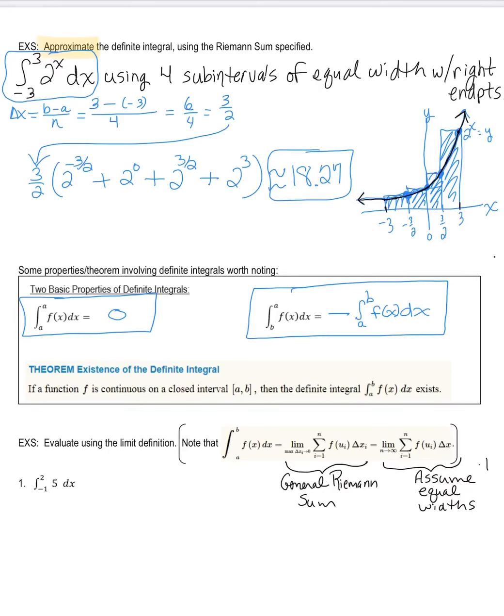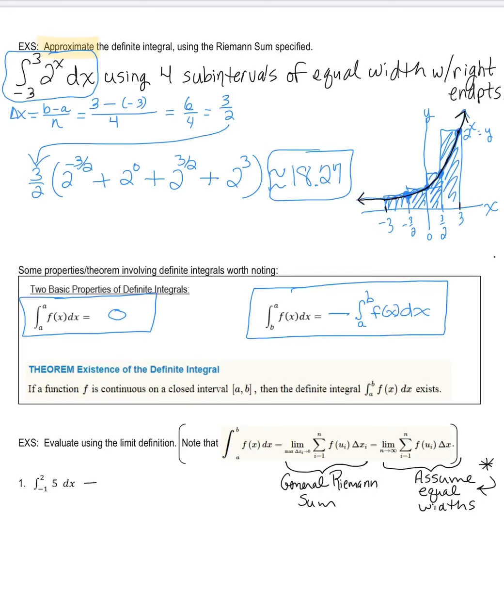If given any sort of a choice in the matter, we are going to assume equal widths. So essentially, we're going back to what we did in the last section. A lot of this section is putting new notations and definitions on things, but in a lot of cases, we're reverting back to most of the things that we developed in the last section. So that's what we're going to do: assume equal widths.